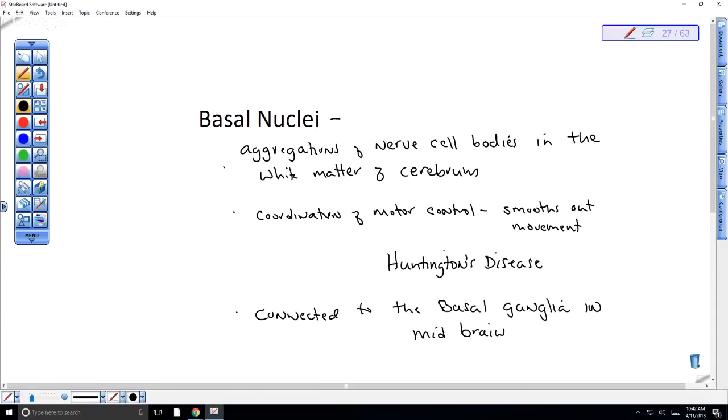They're actually in the forebrain, in the telencephalon, in the cerebrum, but they're connected to the basal ganglia in the midbrain. And when we get to the midbrain, this is where we tend to have problems with Parkinson's disease. So Parkinson's disease is associated with this because the basal nuclei and the ganglia are interconnected, so that there are neurons that run from one to the other and between them.